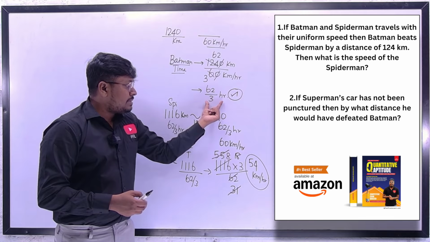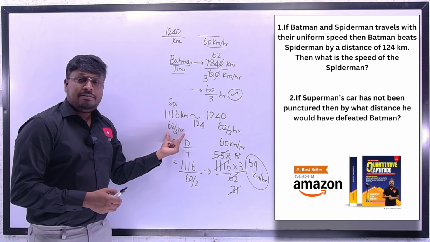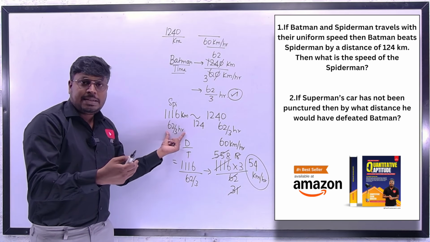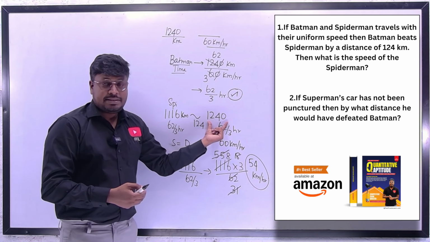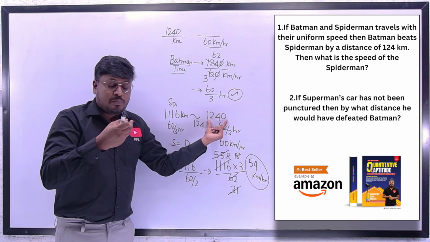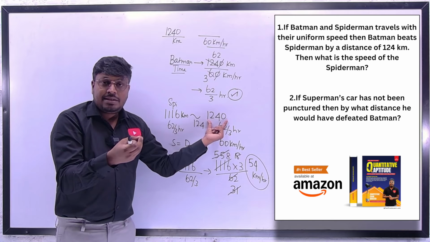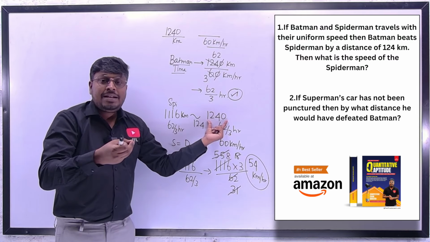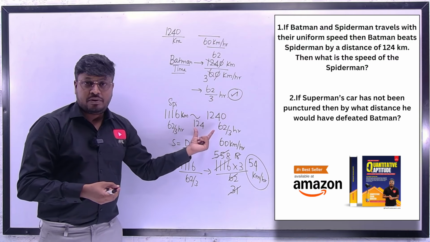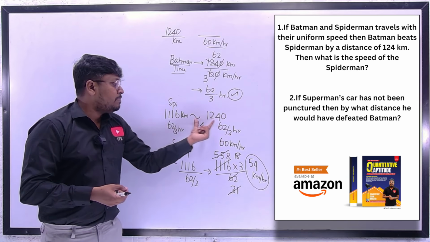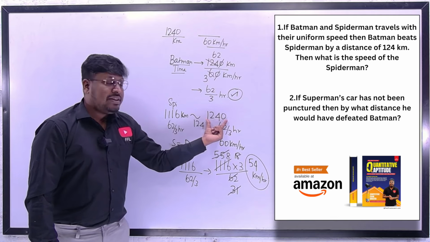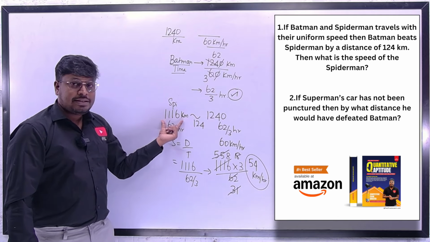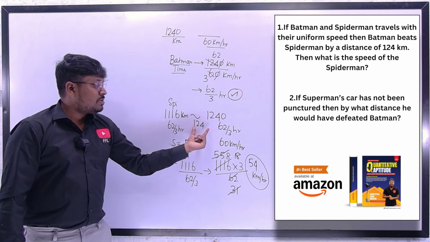In the same time, Spider-Man is also traveling, but which person wins the race? The Batman wins the race. And they have mentioned that the Batman defeats the Spider-Man by 124 kilometer. That means the difference between both the persons' distance will be 124, and the one losing the race will be behind by that distance, which is 124.